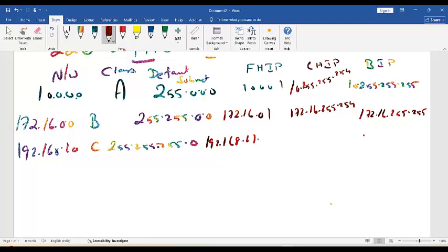Broadcast. 192.168.1.255. Correct, because this is the only host octet. And the last will be 192.168.1.254.